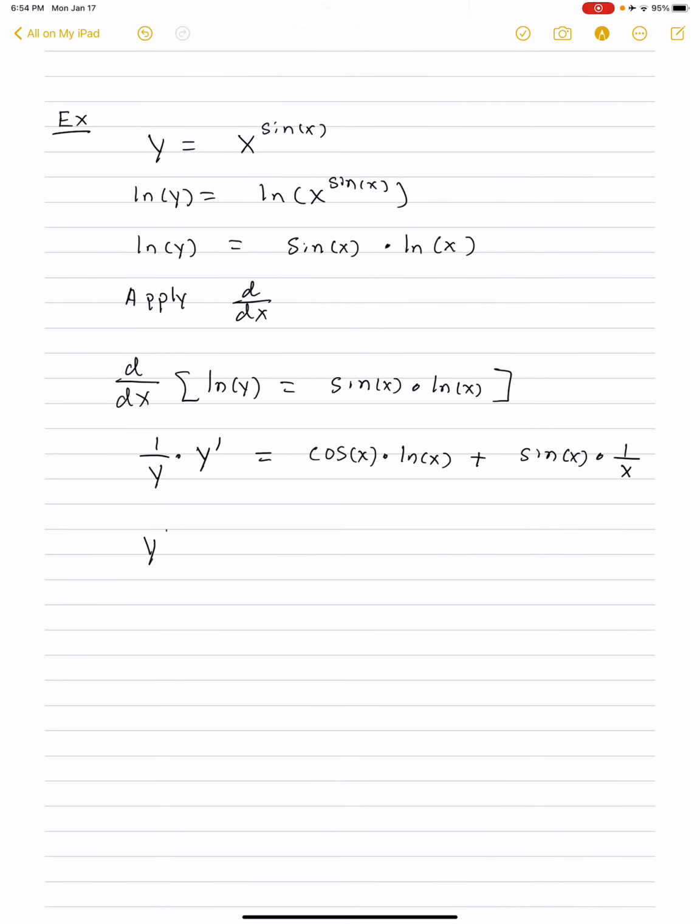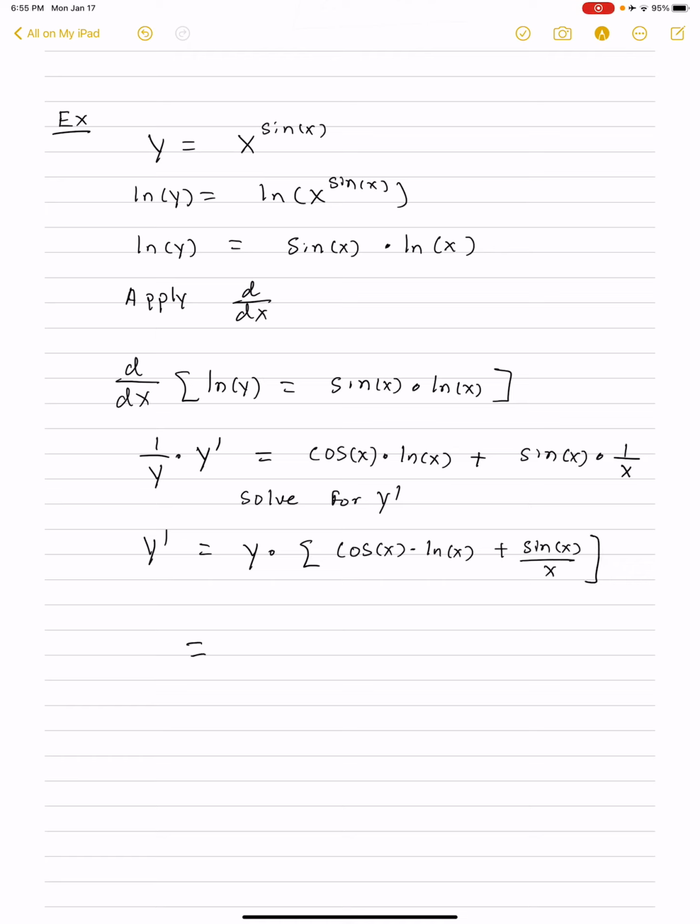So this tells me, after solving for y prime, I get y times all this stuff: cosine of x times ln of x plus sine of x over x.